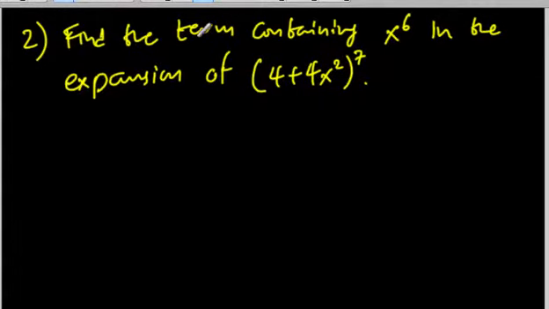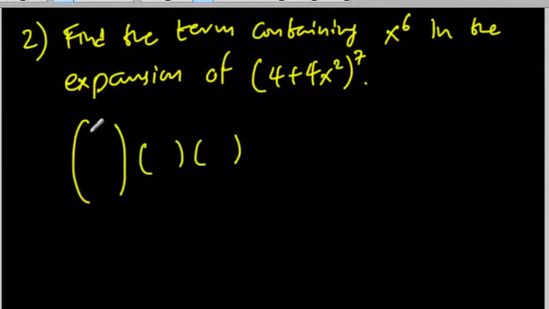Again, same thing as before. We have our choose term, then our first term, then our second term. Our choose term is going to start with 7 because it's something to the power of 7. Our first term is going to be 4, and our second term is going to be 4x squared.